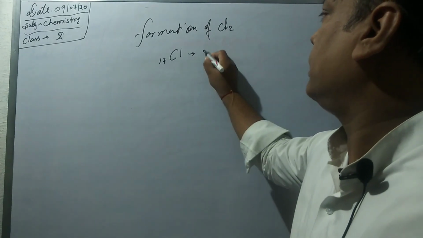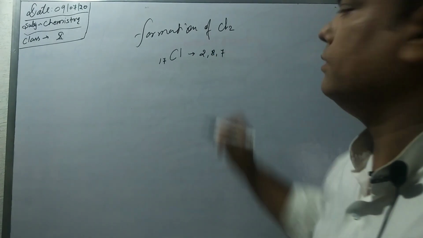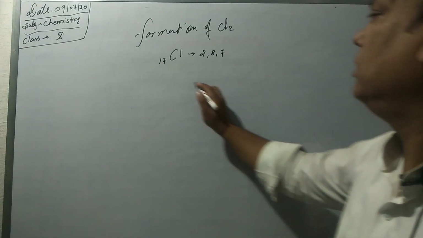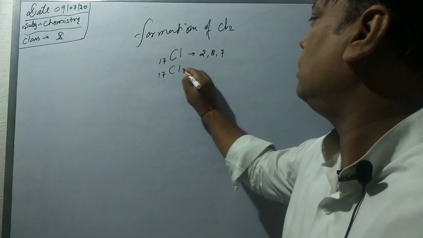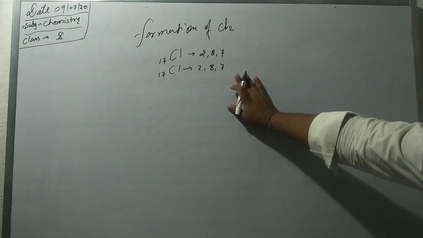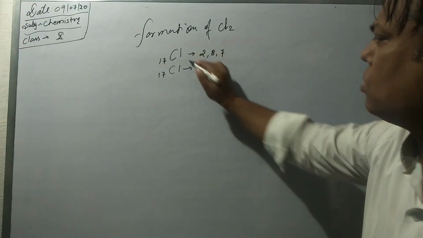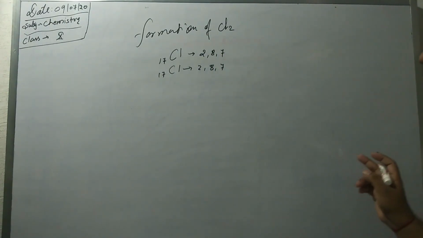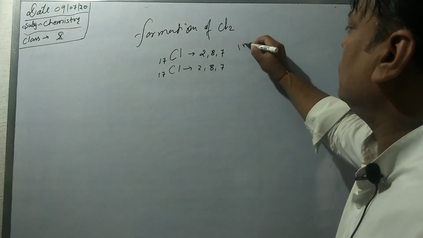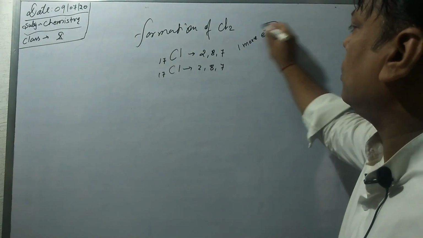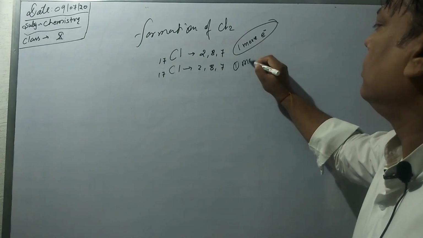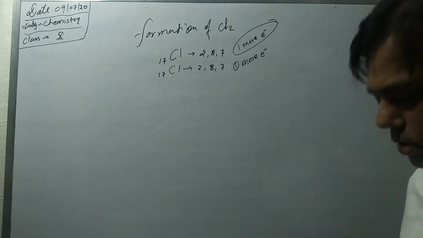Its electronic configuration is 2, 8, 7. There are two chlorine atoms, and for the other it is also 2, 8, 7. Each chlorine requires one more electron to complete its octet.